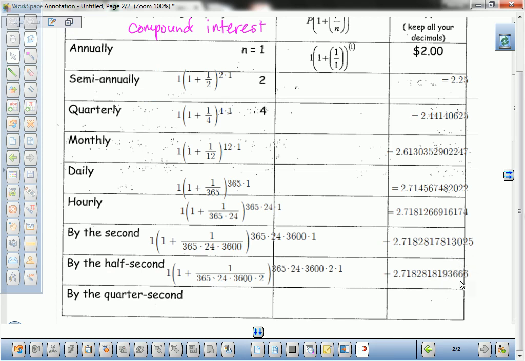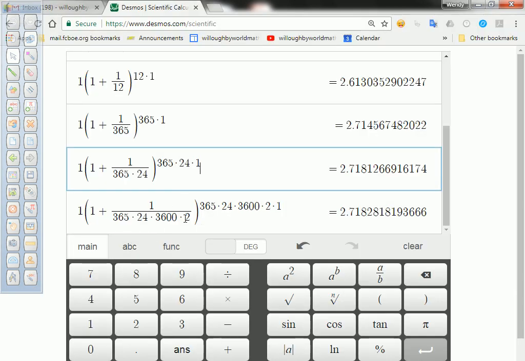Okay, and now let's do quarter of a second. So if this was a half, if I change this to a 4, it would be a quarter of a second.